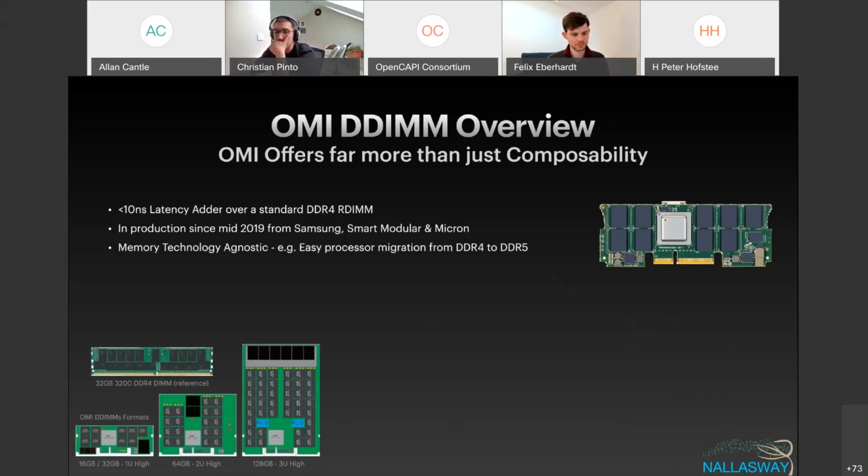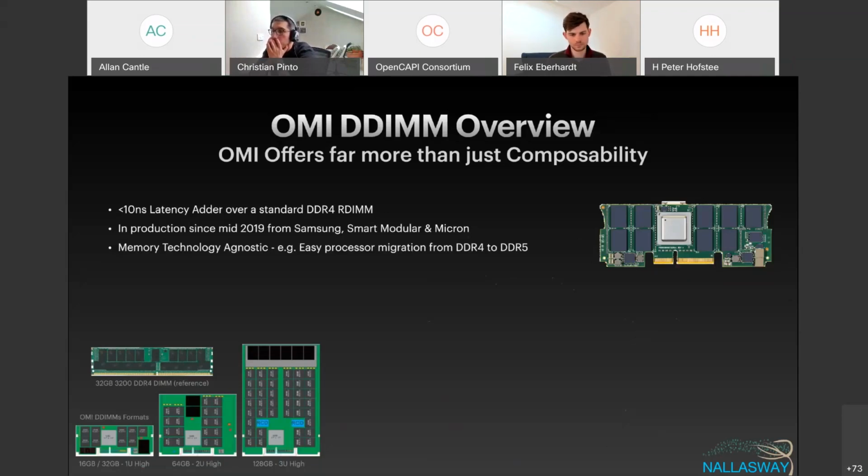One of the big advantages, or the big necessity, should I say, of going serial with memory is latency. It is super critical, and this is arguably why the memory channel has been the last one to be serialized.